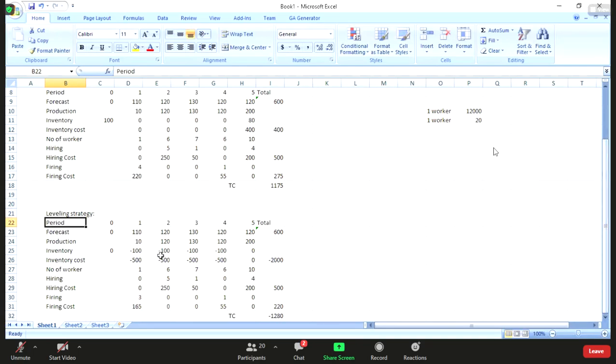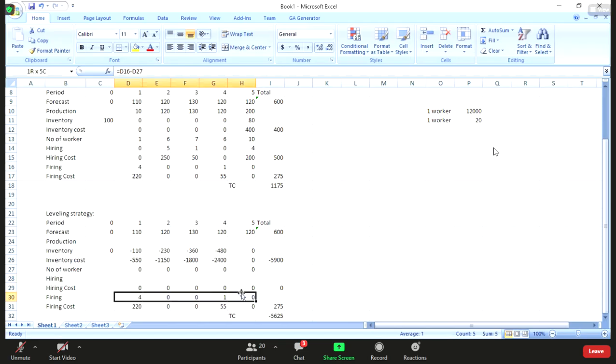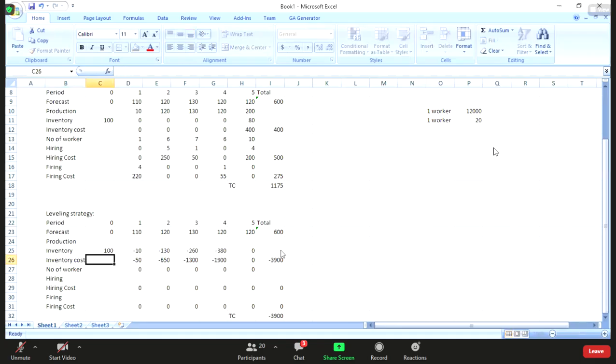Then I need to delete this one first, and also the number of workers, hiring, and also the firing. Okay, like that. Initial inventory is 100, and then at the end the inventory is 80.